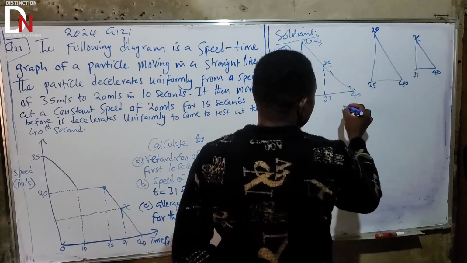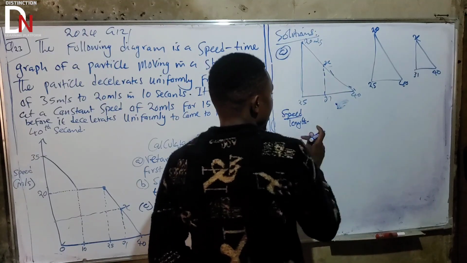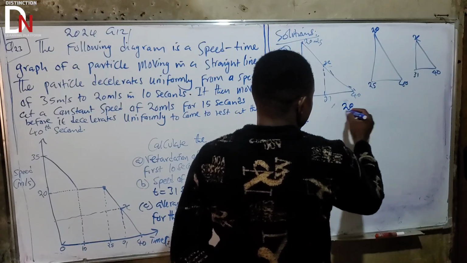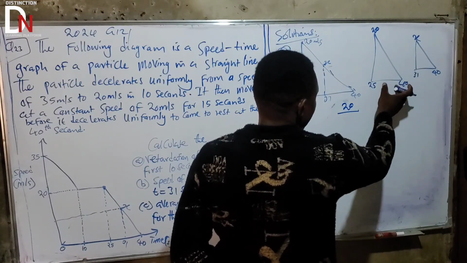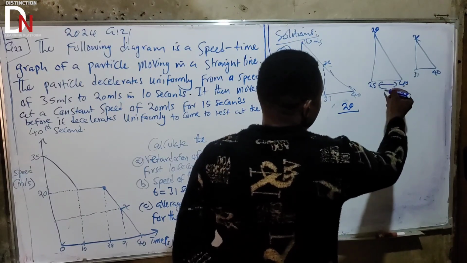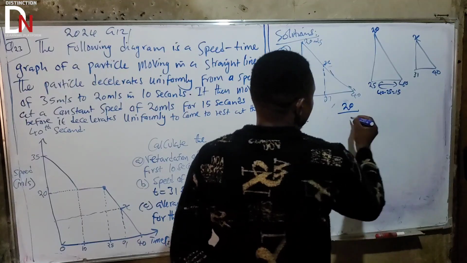My speed here is 20, so I'll use speed over length. My speed is 20 divided by the length for this one. My length here is the difference, which is 40 minus 25, and I should get 15.